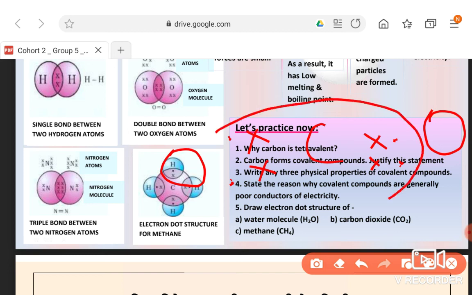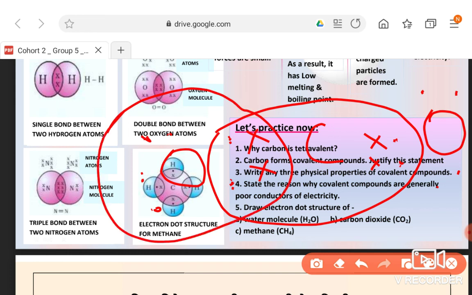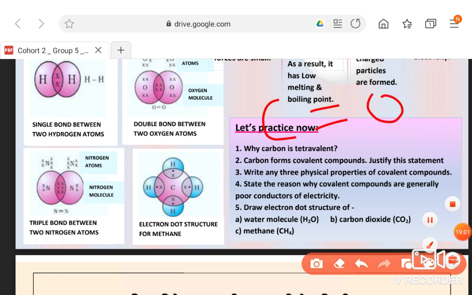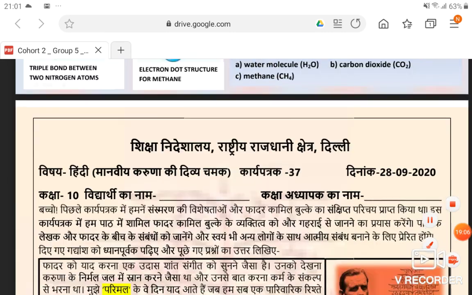So carbon encompasses these 8 electrons, and oxygen has 6 electrons in total. These 6 electrons are shown here, 4 electrons are here, and 2 pairs are shared here, and 2 pairs are shared here. So this oxygen contains these electrons, and this oxygen will encompass these electrons. So this is the electron dot structure of carbon dioxide, which contains 2 bonds with this oxygen and 2 bonds with this oxygen. Now methane, it is shown here.